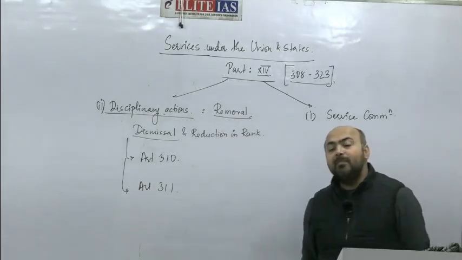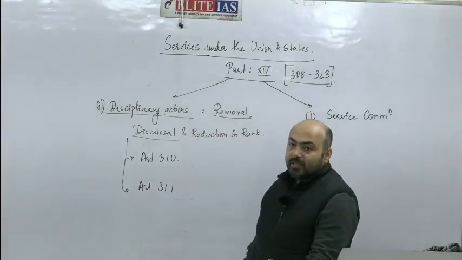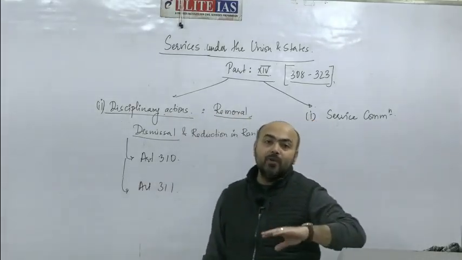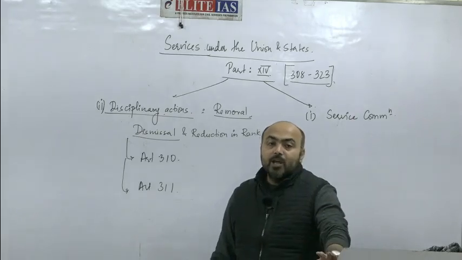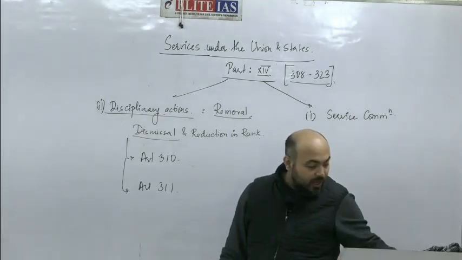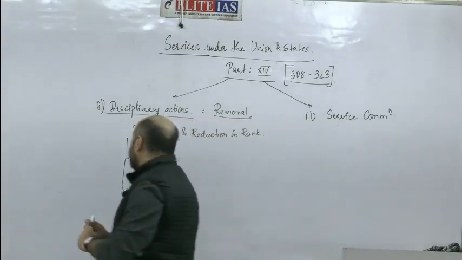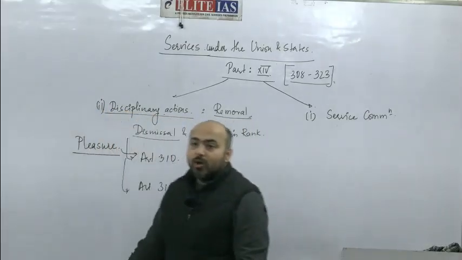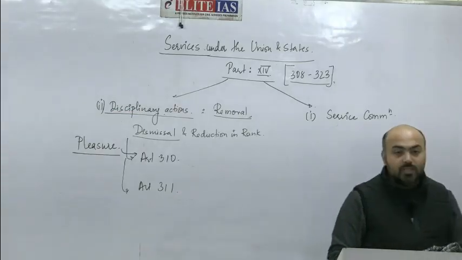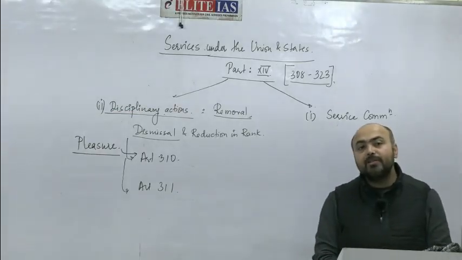And if you are employed under the union government, whether you are a member of All India Services or Central Services, you work under the pleasure of the President. So Article 310 talks about the pleasure principle for civil servants.